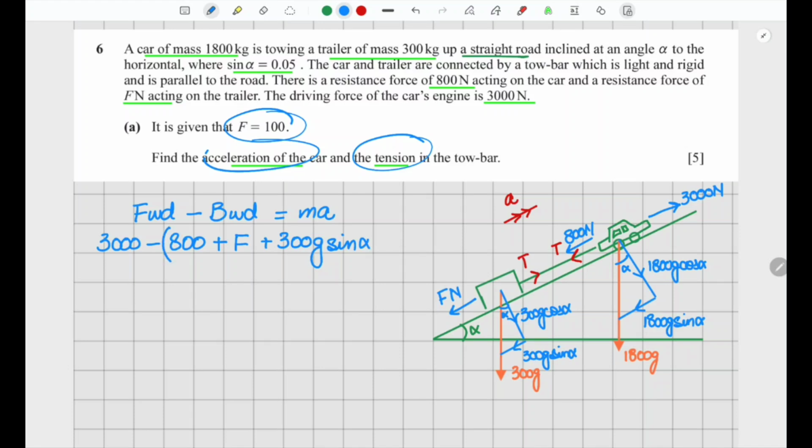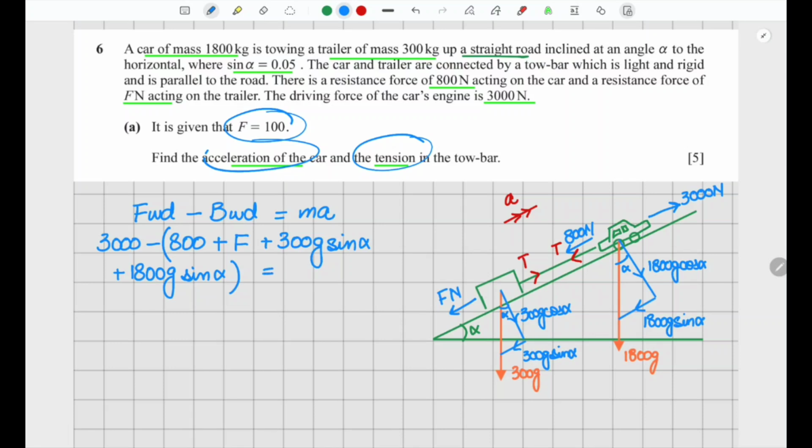These all are in the minus direction. That's it. Equals to ma.